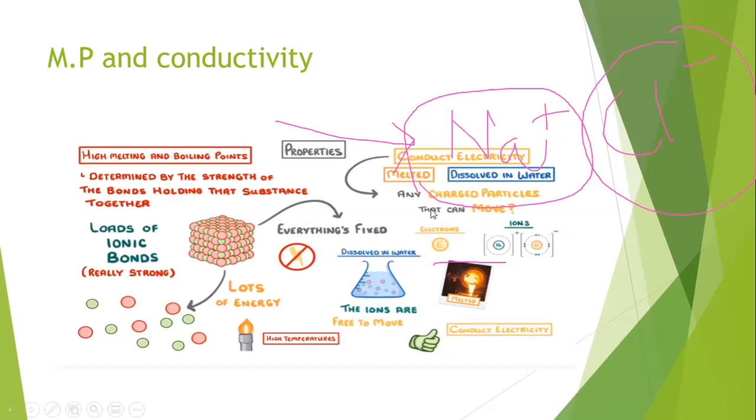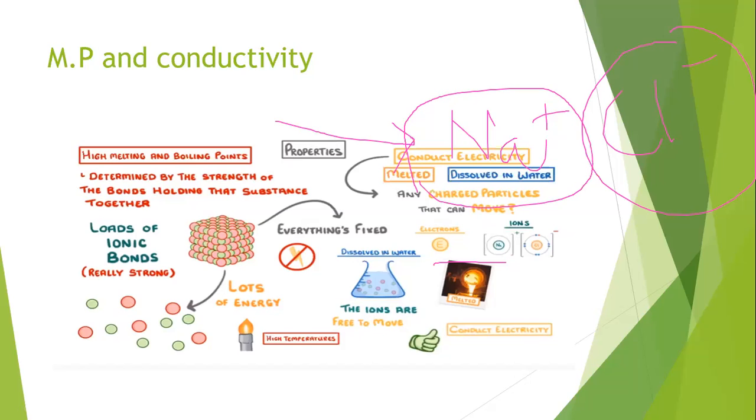Their conductivity is based on ions. If they are moving in the form of ions in a solution or in a molten state, then they conduct electricity. When they are in a strong lattice structure, they do not conduct electricity because there is no space for the movement of the ions.